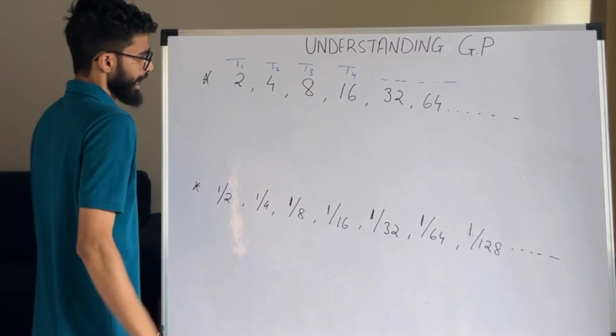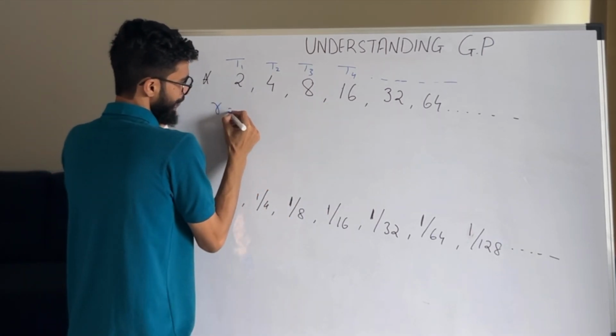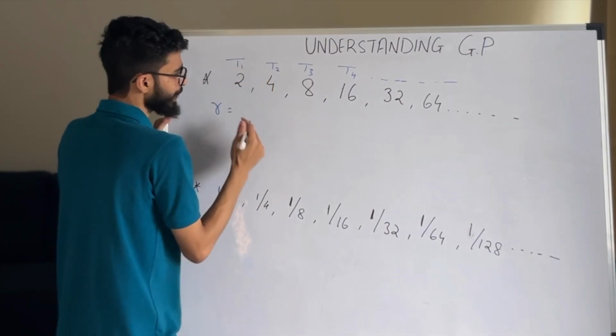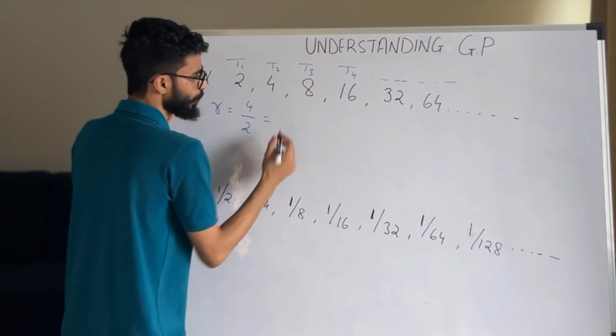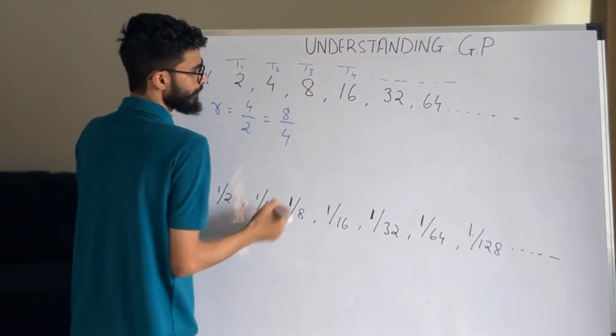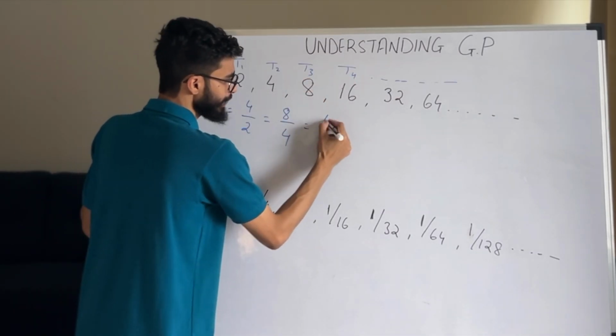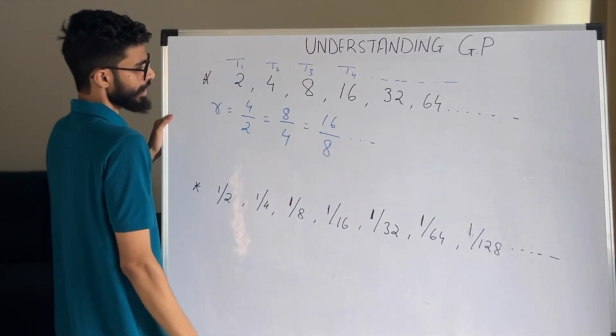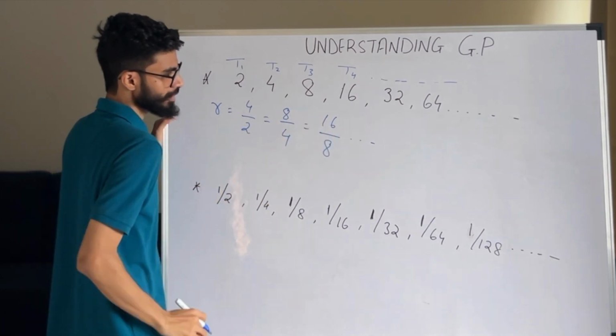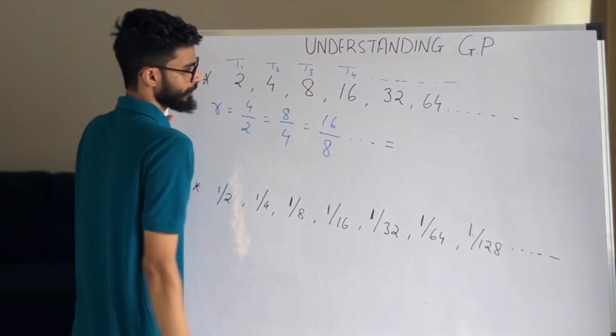Here, if I divide T2 by T1, which is 4 by 2, if I divide T3 by T2, which is 8 by 4, if I divide T4 by T3, which is 16 by 8, all these ratios are giving me the same value, which is 2.